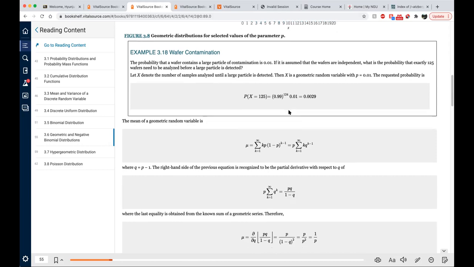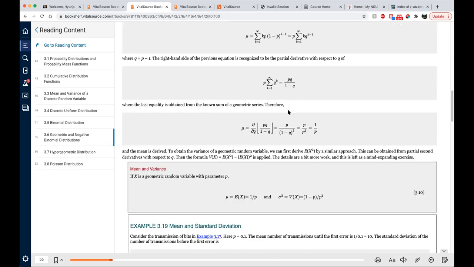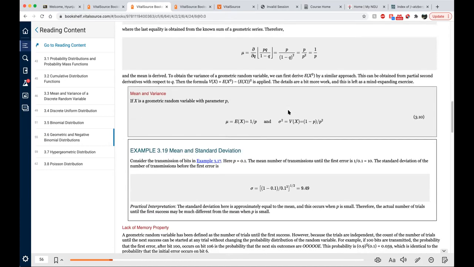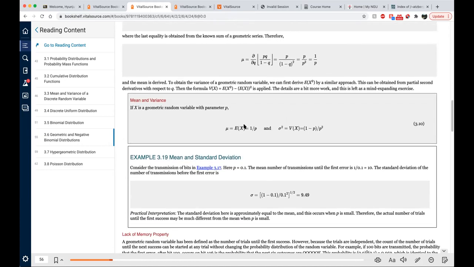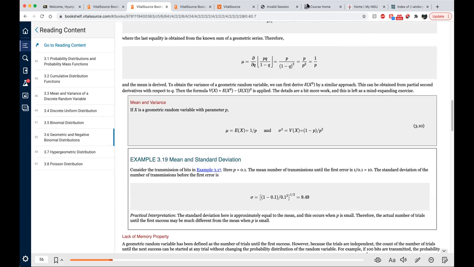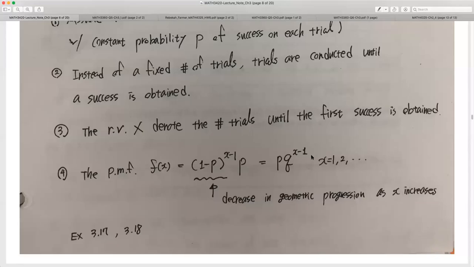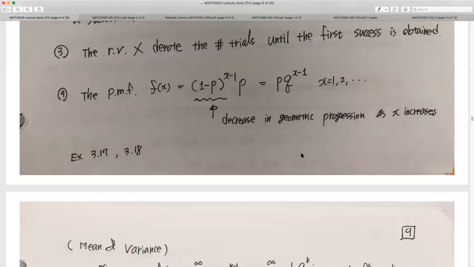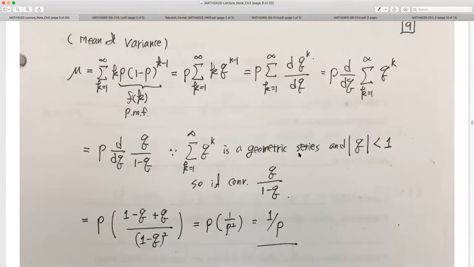So what about the mean, the expected value, and the variance? Let me explain this one using my lecture note. All right, I'm going back to my lecture note. First, the mu. Let me start from the definition of the expected value: sigma with k going from 1 to infinity, because the total number of trials is not fixed.